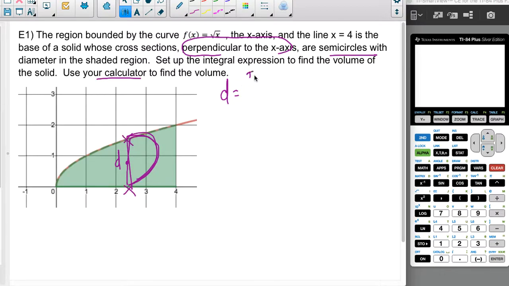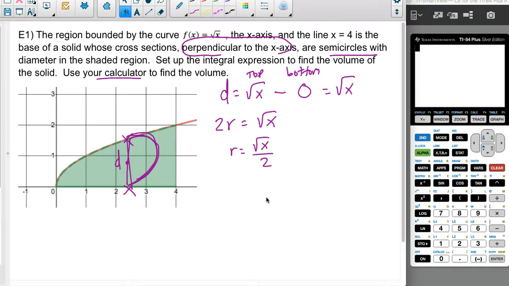So it's top, which is this curve, √x, minus the bottom, which in this case is just 0 because it's the x-axis. So the diameter of this thing is √x. Well, diameter is the same as double the radius, right? So that means that the radius of this thing is √x over 2. Once I know that, the area of a semicircle is 1/2 pi r squared.